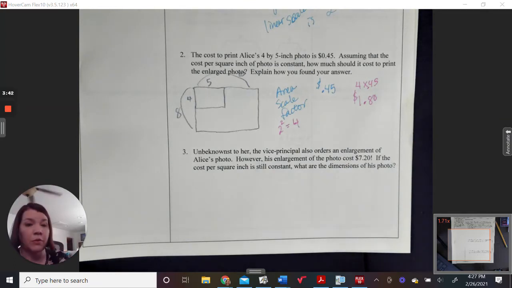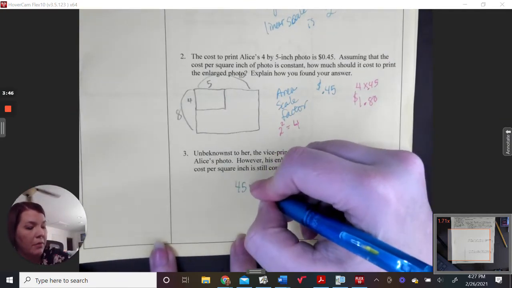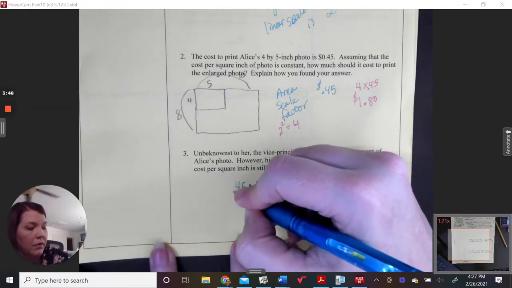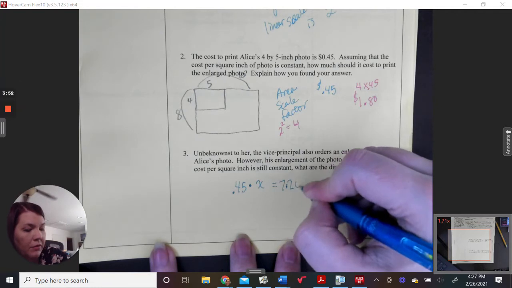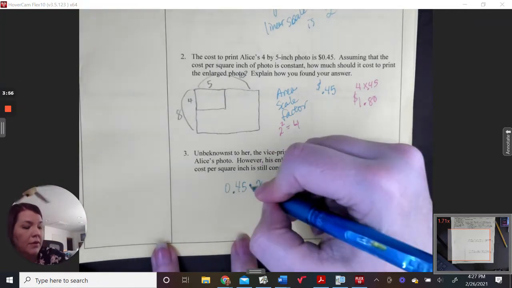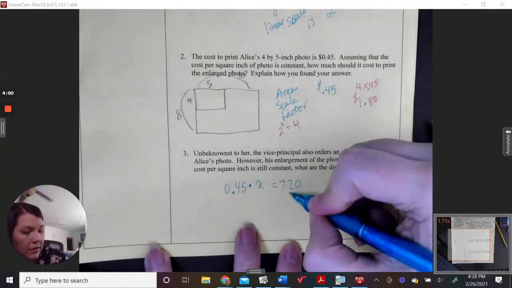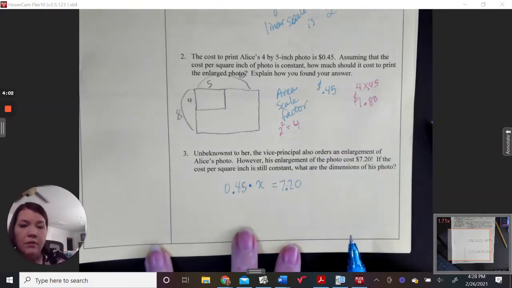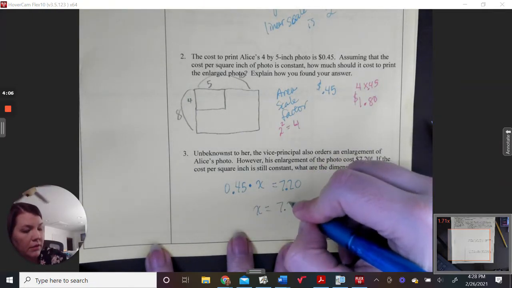It was 45 cents times something, and that ended up being $7.20. So we need to figure out what it is. 45 cents times something is $7.20, so we're just going to divide. X equals 720 divided by 45.